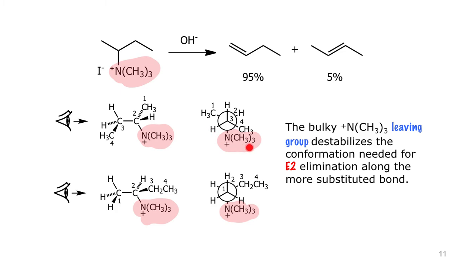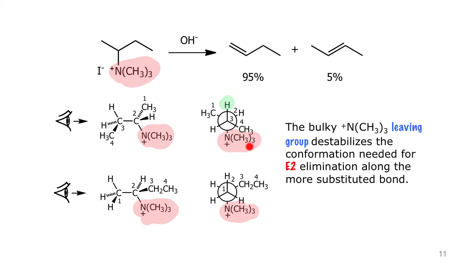Here it is shown as a Newman projection. And so the reactive hydrogen, let me highlight the reactive hydrogen here. I'll do that in green. The reactive hydrogen lies anti to the leaving group. And in that conformation, you notice that we have this gauche interaction between the methyl and the trimethylammonium ion.